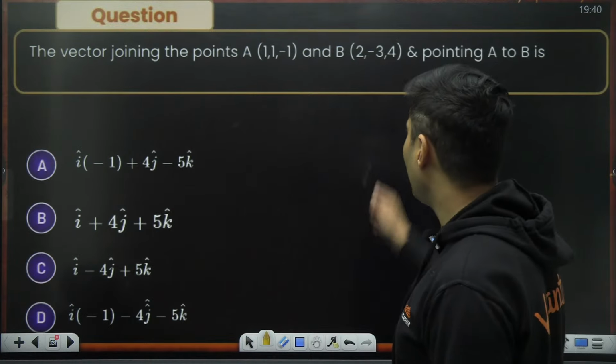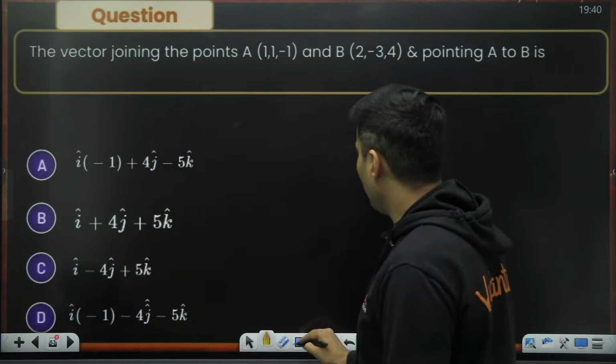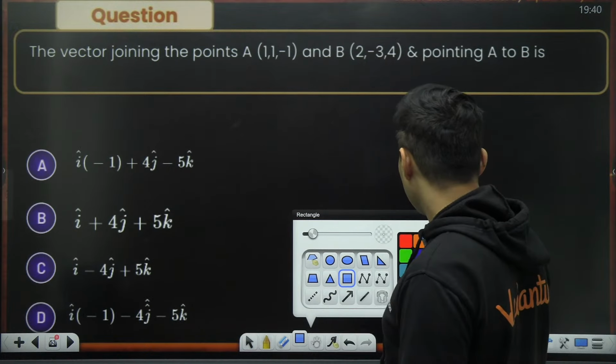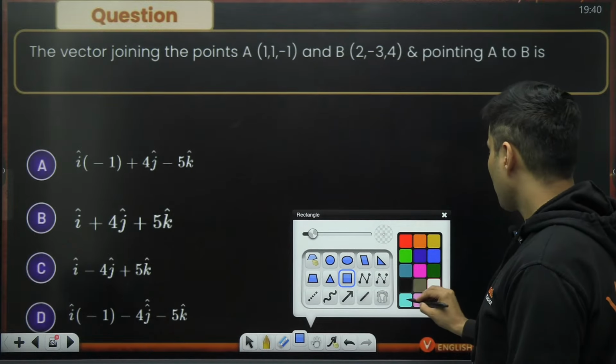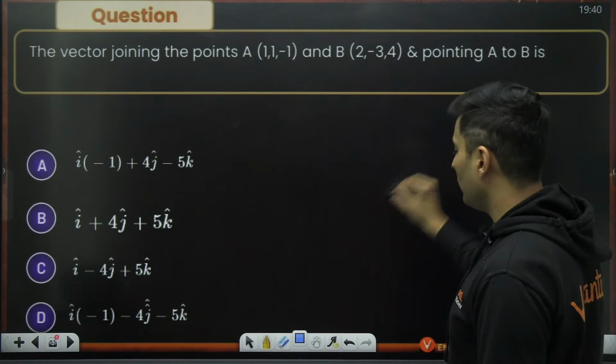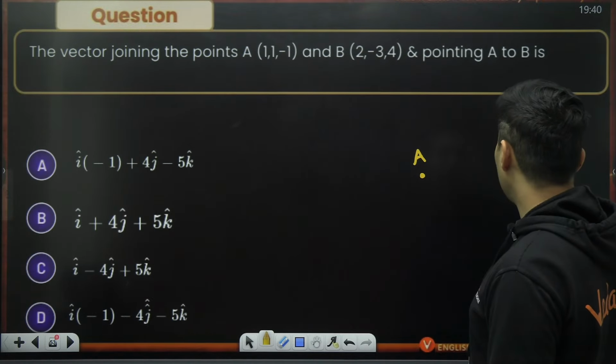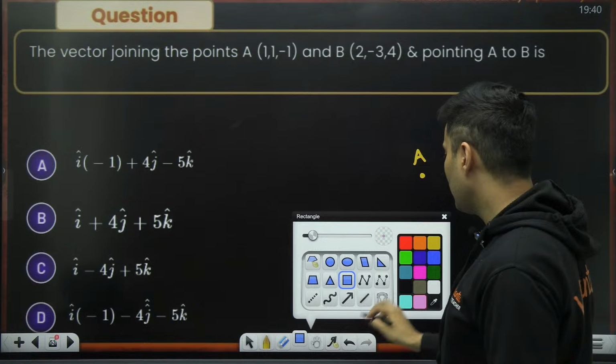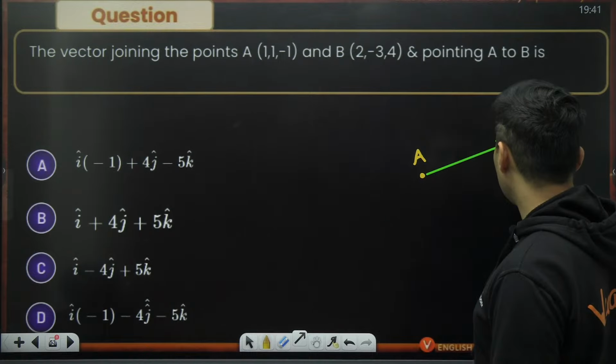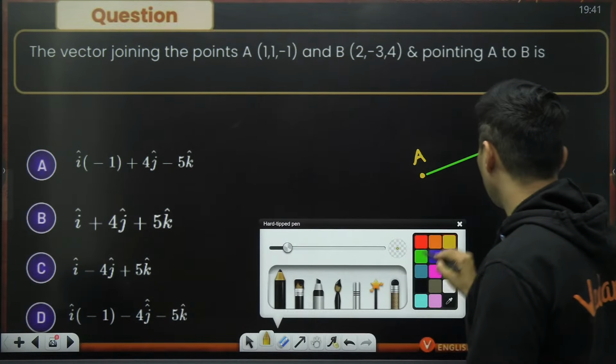The vector joining A and B is how much? Now these kind of questions, be careful. Imagine there is a point A over here, and a point B over here. A vector joining them means this vector, the one that I want to find.